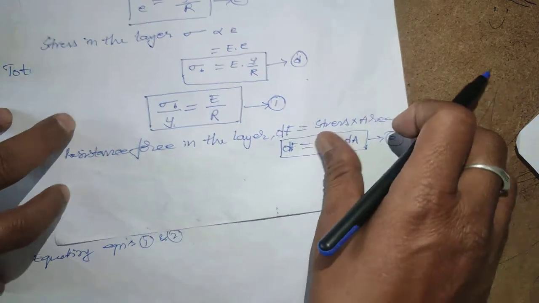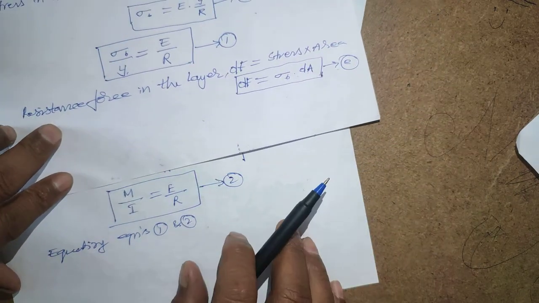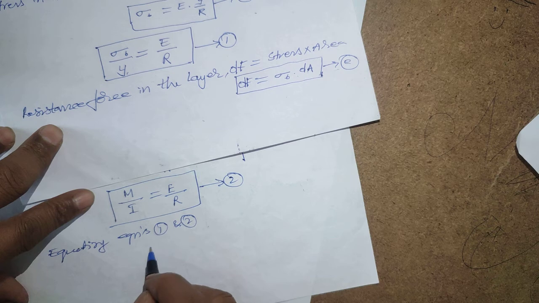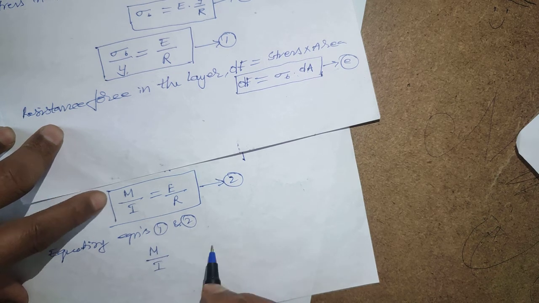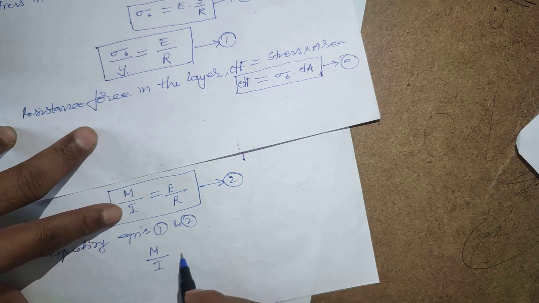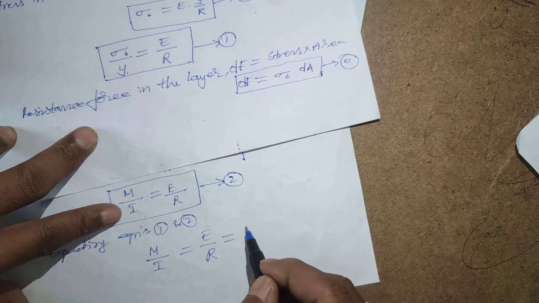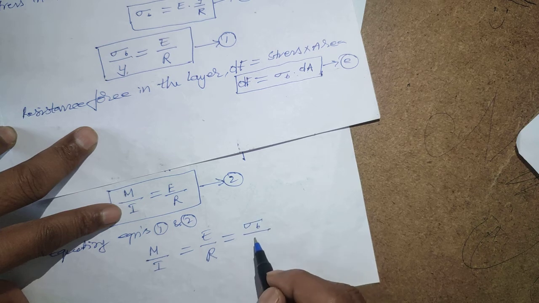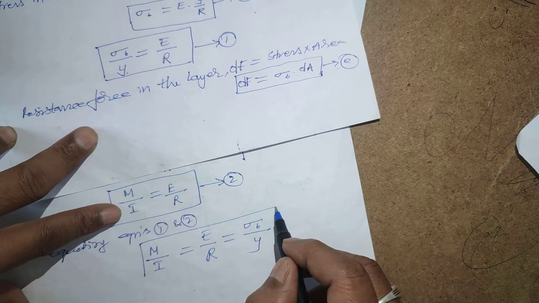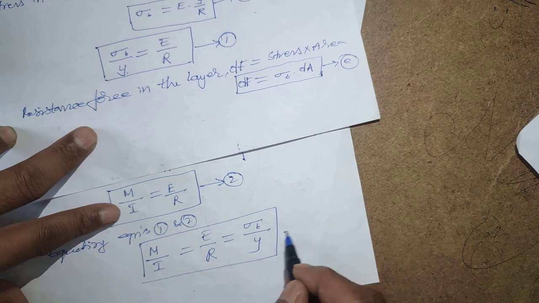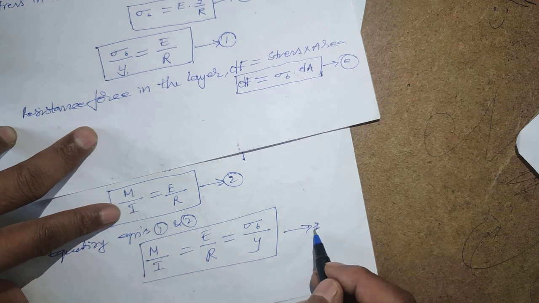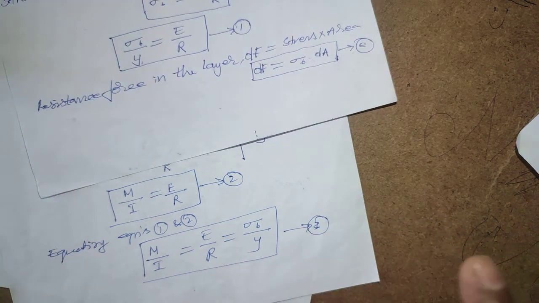Equating this 1 with 2, we will get M by I is equivalent to E by R is equivalent to sigma b by y. This is the bending equation, the simple bending equation. Take it as 3.